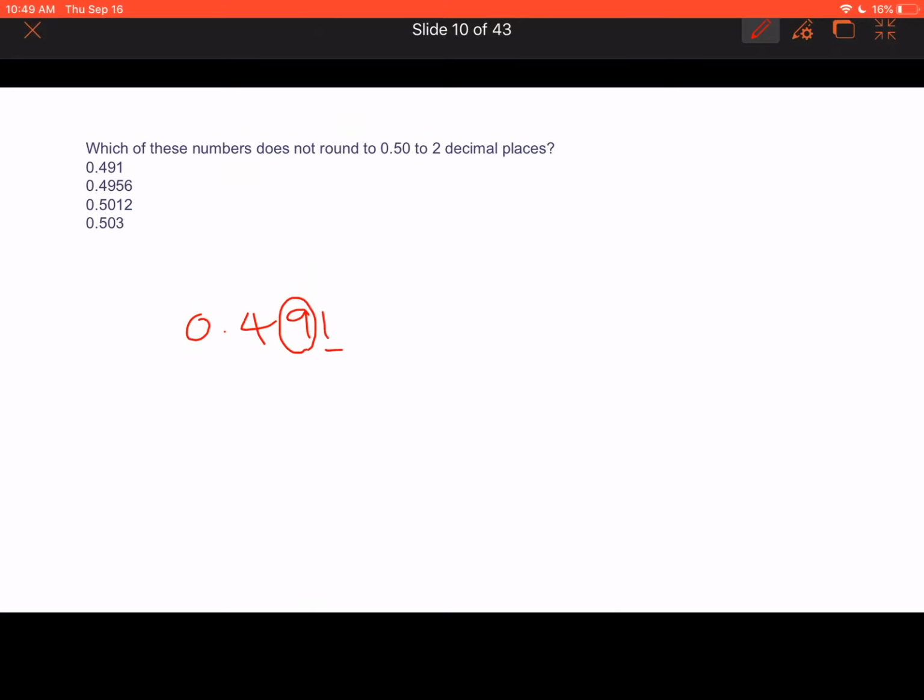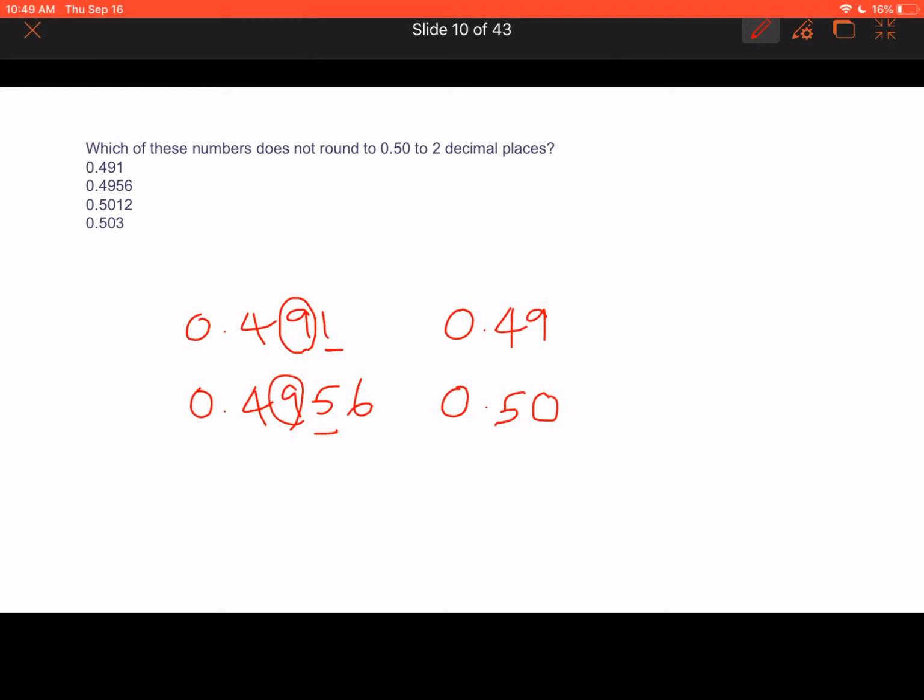We check the next digit, which is lesser, so it's going to be 0.49. Whereas for 0.496, the value is going to be rounded up. The 9 becomes 10, so the value moves to the next digit, the tenths place, and it moves up to 0.50.